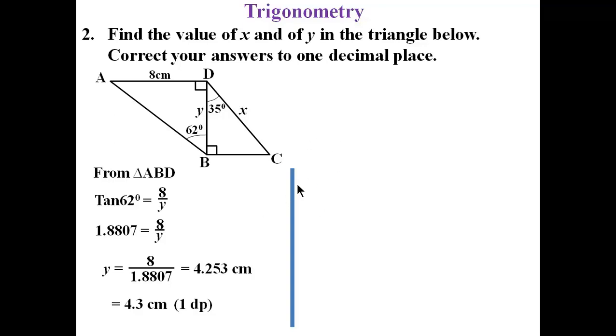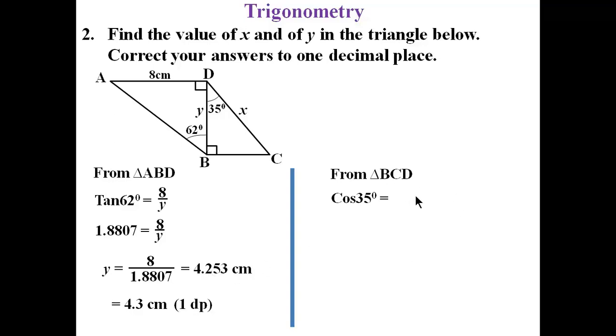So from triangle BCD, cos 35 degrees is equal to adjacent, and our adjacent is y, and the value of y is 4.253. We shall be using the raw answer, not the approximated answer, in subsequent calculation.